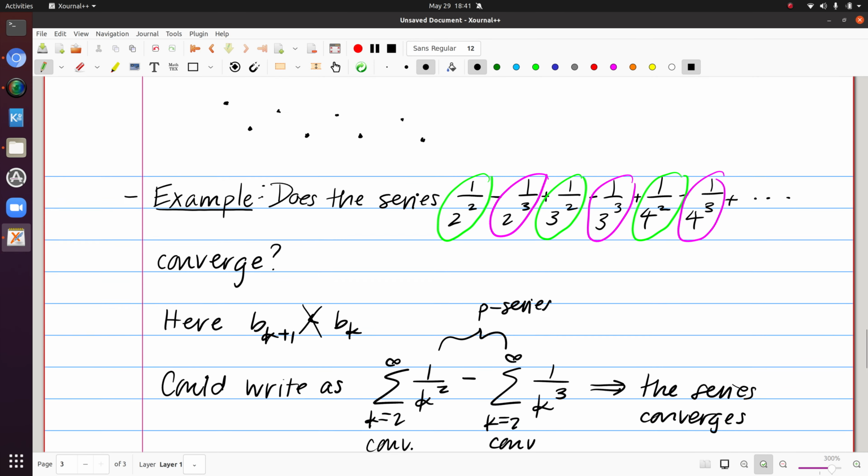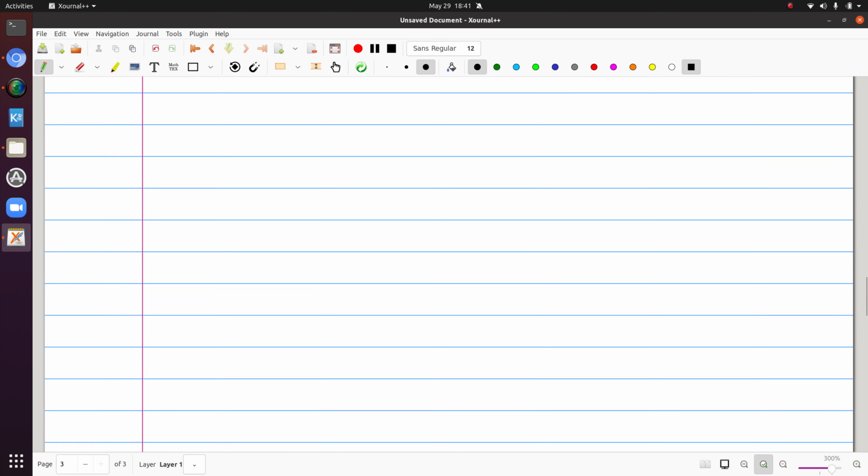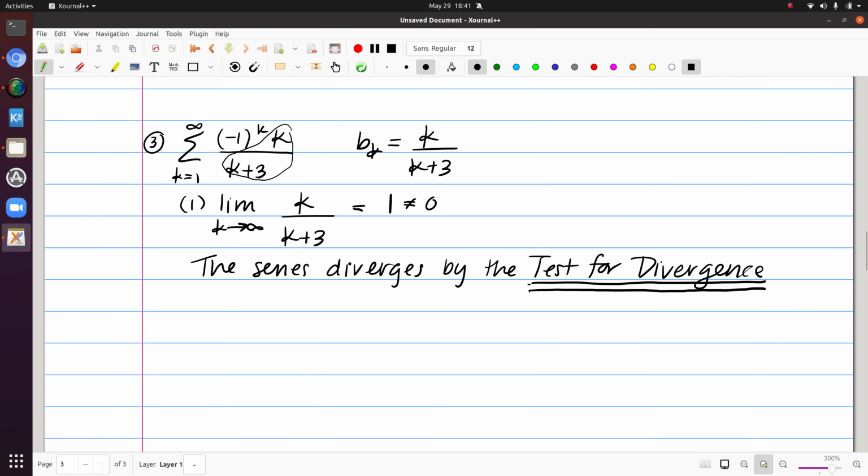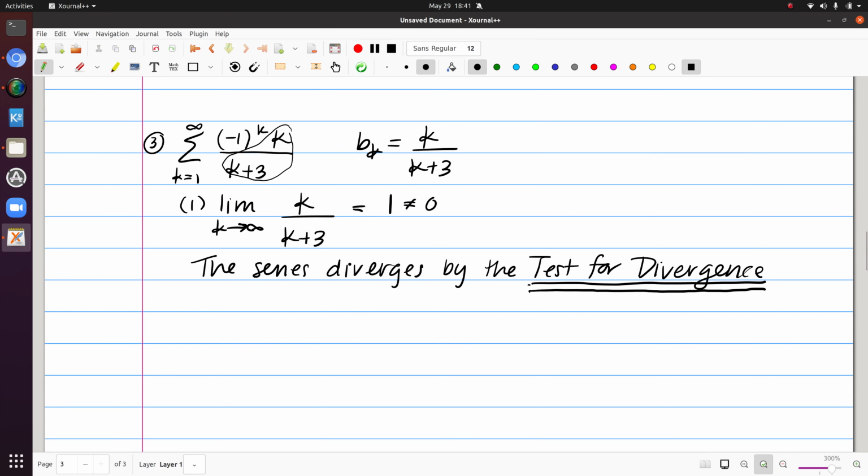But by the other token, we've also seen that you can have one of the conditions fail, like our last example, and the series diverges. So this just emphasizes the importance of not ever saying that the alternating series test allows us to come to a conclusion when one of these conditions fails. We just have to look at the series in another way and potentially use a different test.